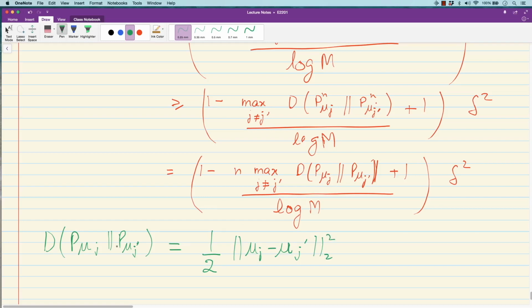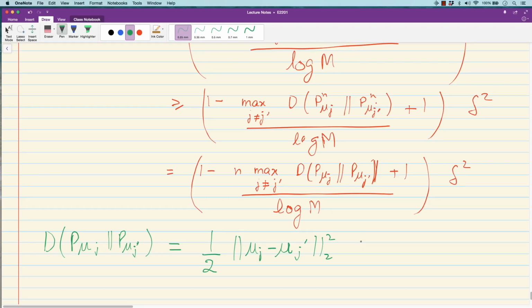So it's half of the Euclidean distance squared for the Gaussian case. This is a calculation that you have to verify. Remember this is divergence between continuous distributions, so you have to take the ratio of densities and take the expected value. I'm not doing this exercise, but you can do this.